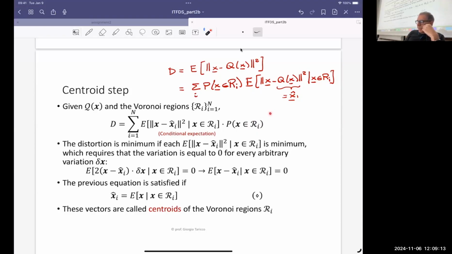We minimize this term with respect to x hat i for every i from 1 to n. Of course, this probability can be ignored because it is just a constant positive term. We have just to minimize this with respect to x hat sub i.